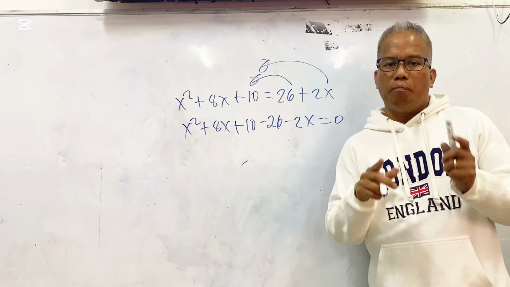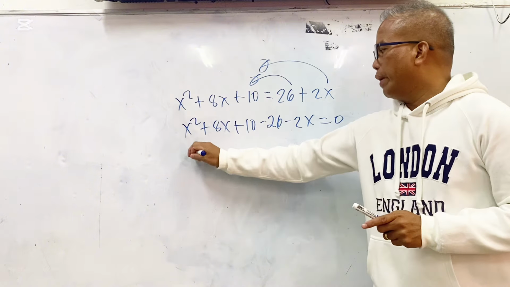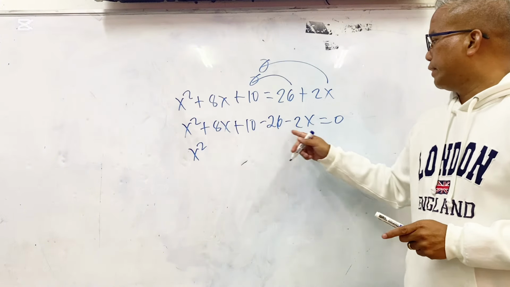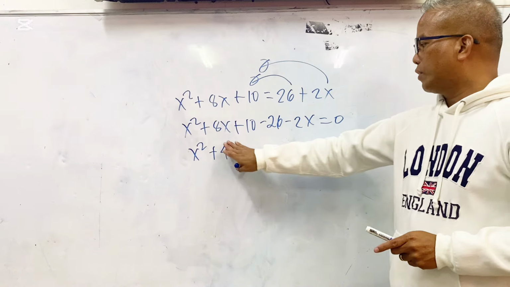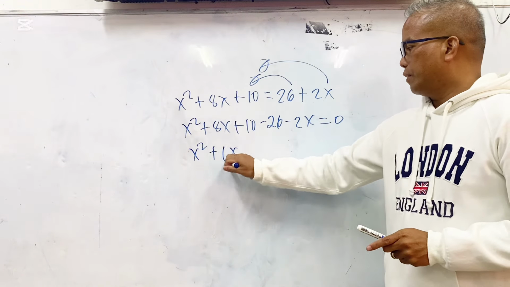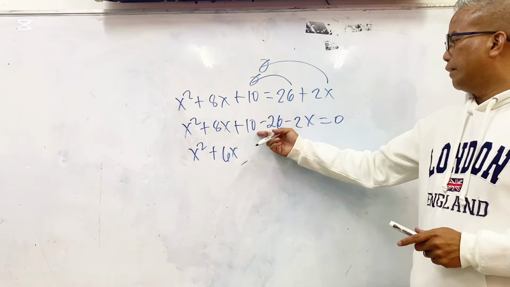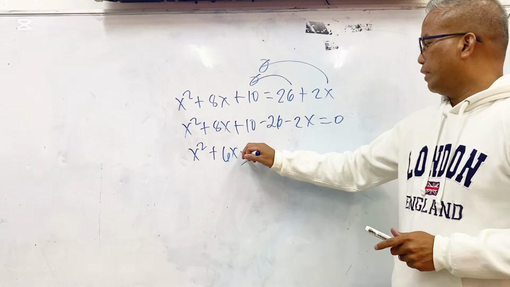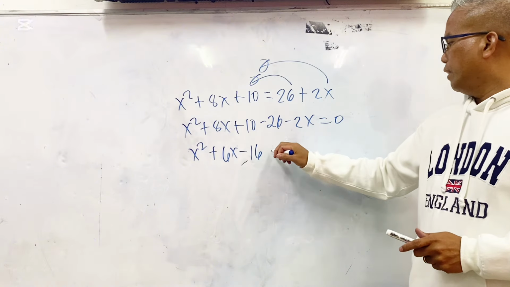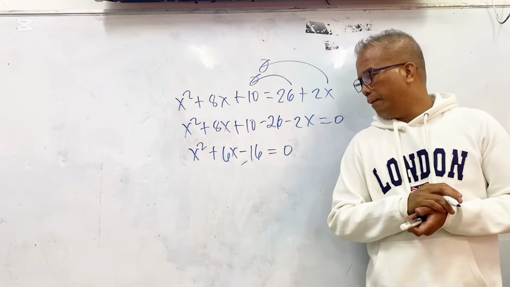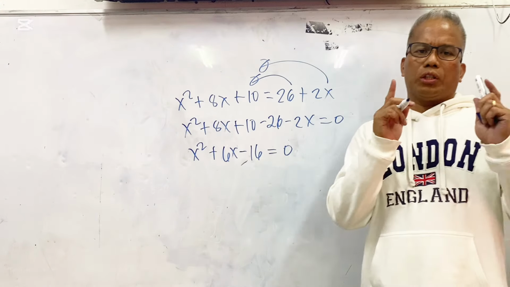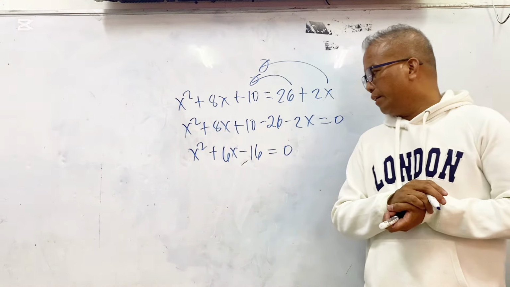Then after that, combine like terms. So we have x squared, 8x minus 2x equals 6x, sorry, so 6x, then 10 minus 26 equals -16, equals 0. Now we can use completing the square here.